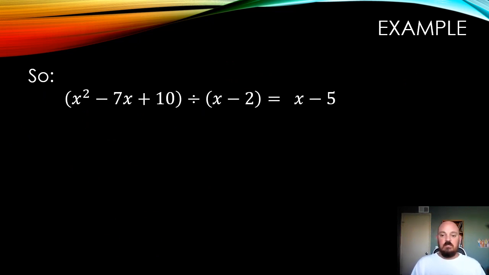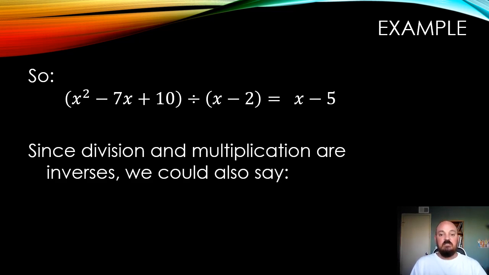So here's what we just did. This is the summary of our example. X squared minus 7x plus 10 divided by x minus 2 equals x minus 5. Now, you can turn any division problem into multiplication by flipping it, because those are inverses. So let me go off to the side here and show you with numbers. I think it makes a little bit more sense if I show you with numbers.